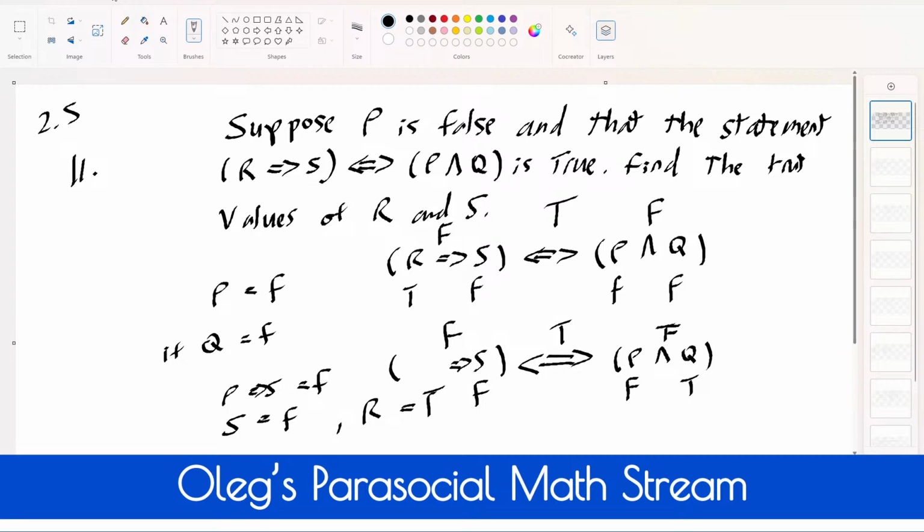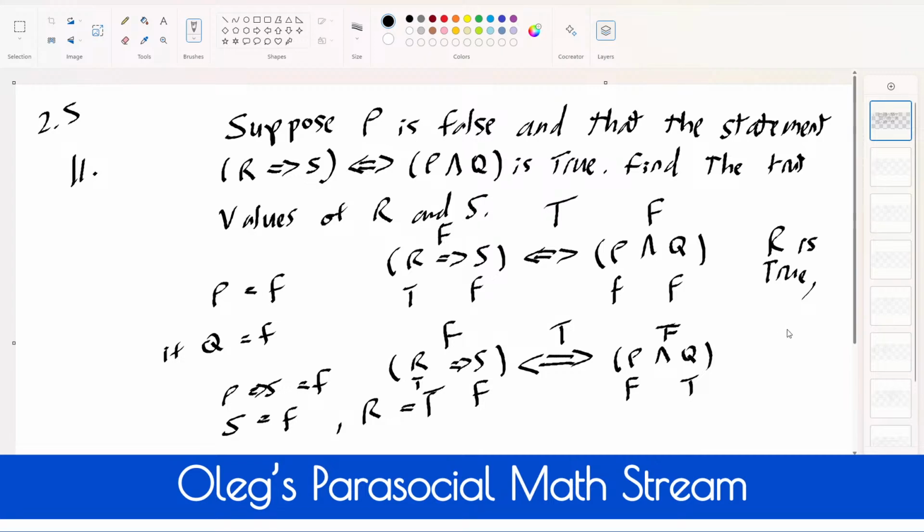So in this case, the R has to be true. So we would say that, in conclusion, R is true. And then we're going to say, so here we go.